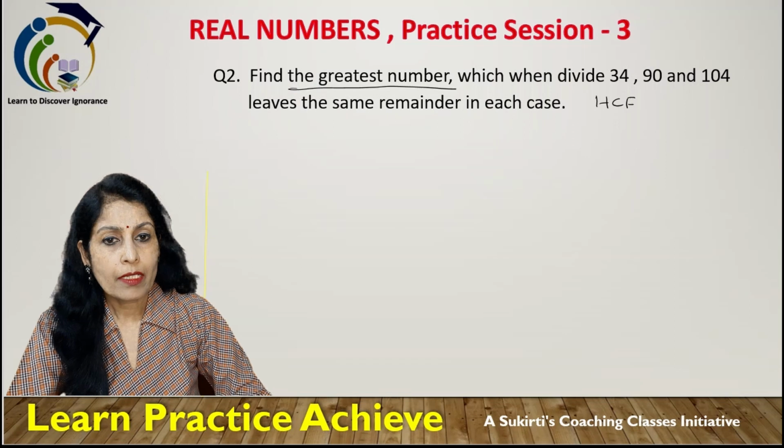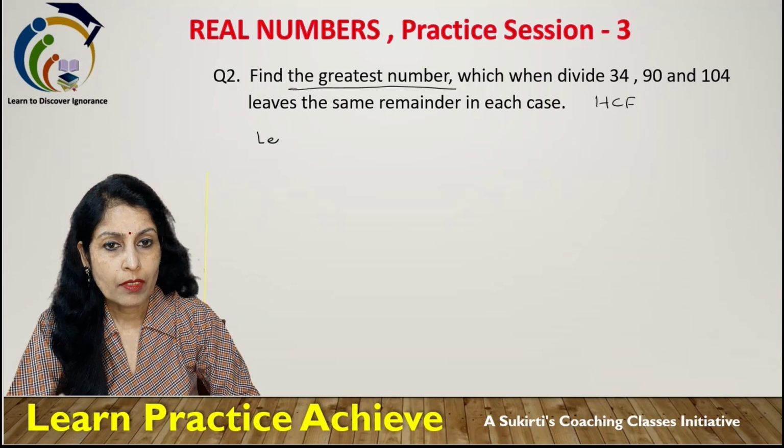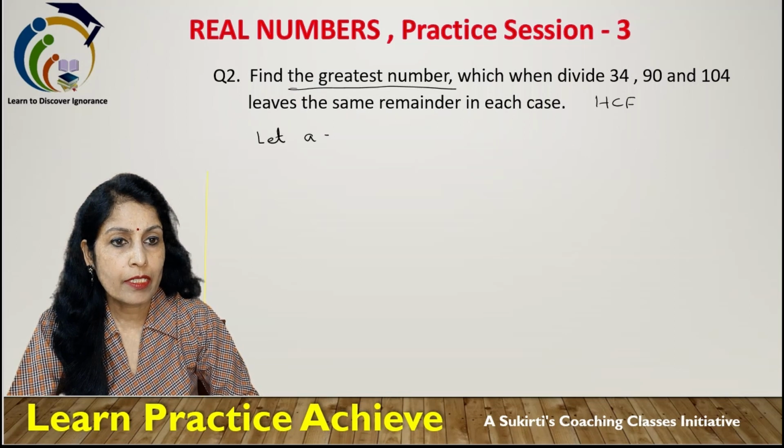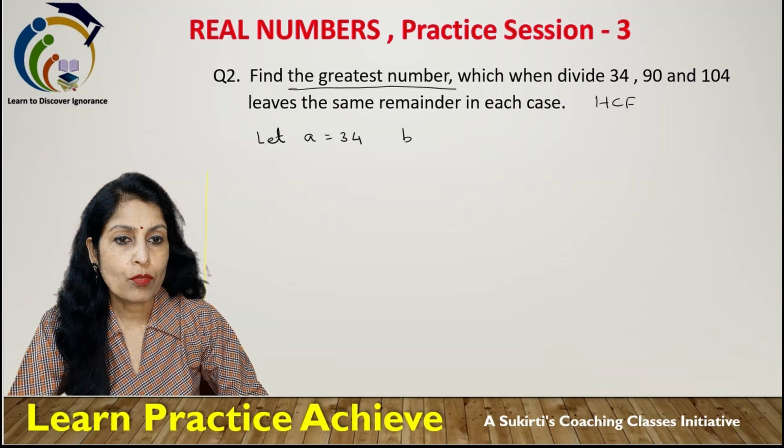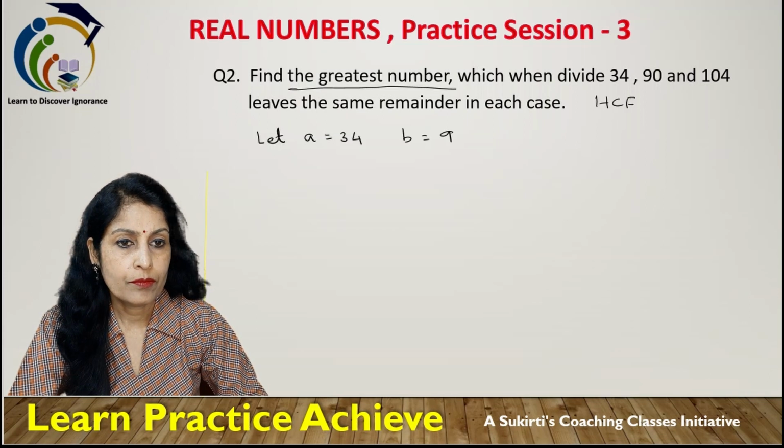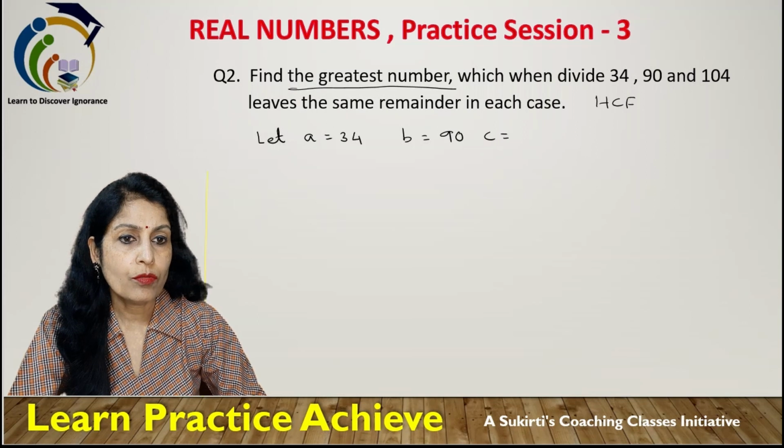Okay. So let A be equal to 34, B equal to 90 and C equal to 104.